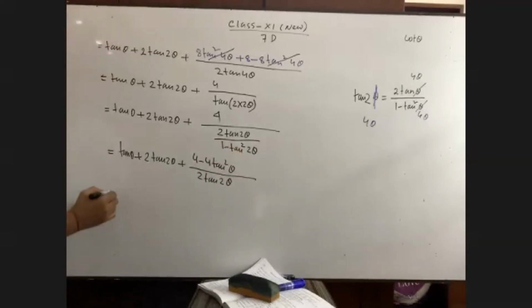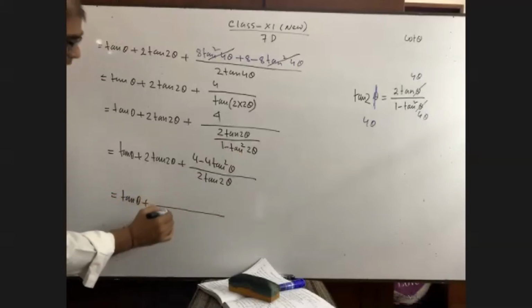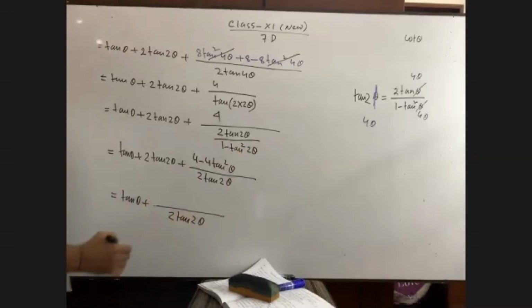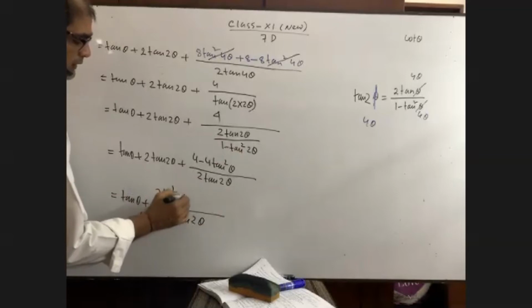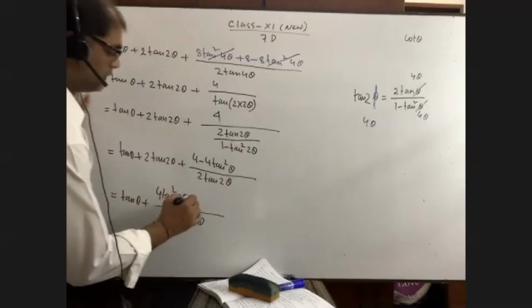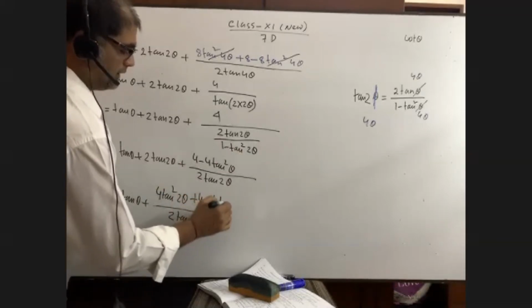Now you again multiply. Sorry, LCM. Tan theta plus, this is the LCM, 2 tan 2 theta. Then we are left with 2 to the 4. It will be 4 tan square 2 theta plus 4 minus 4 tan square.